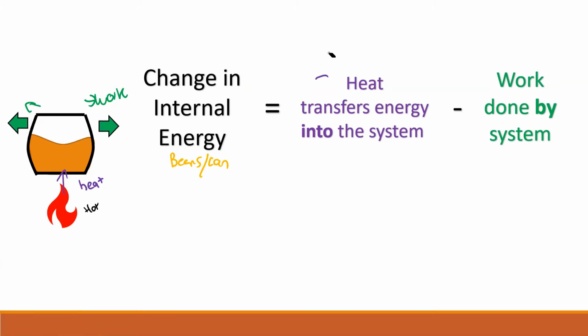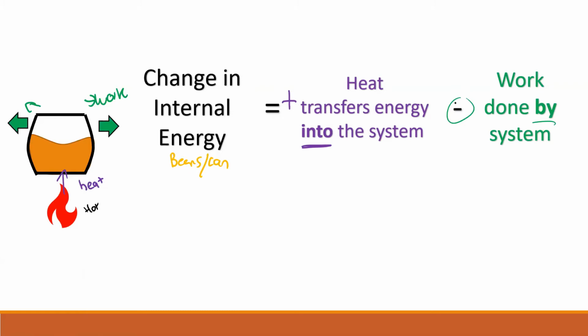You're going to be adding energy into the system. And that's why I've underlined that word into, because we're putting energy into the system. But when that system does work, when that system pushes out onto the sides of the can, we say the system is doing work. And so that means we need to remove that. We need to subtract that.